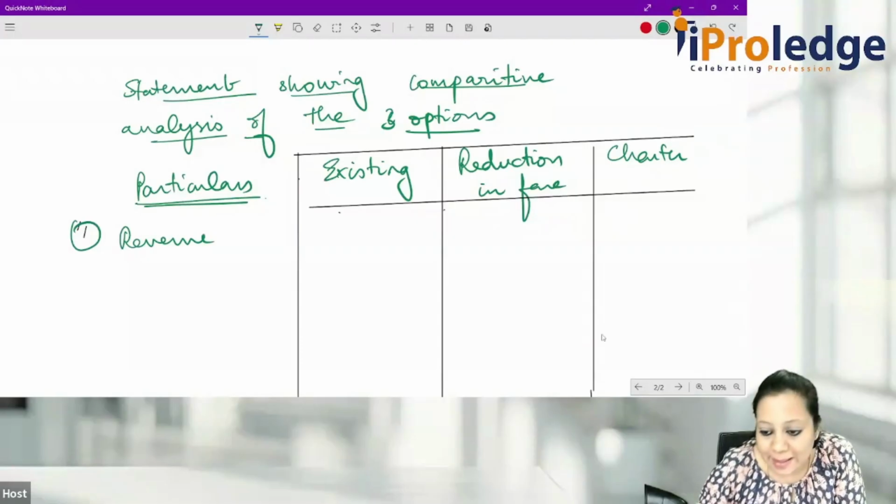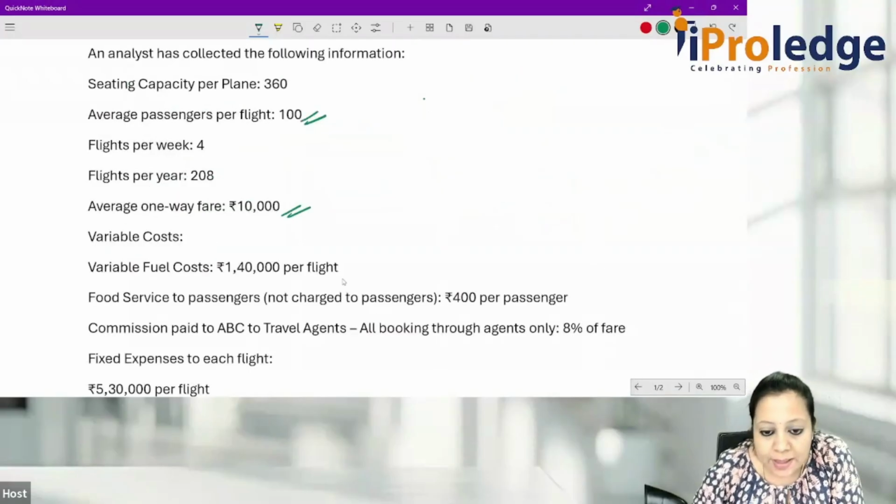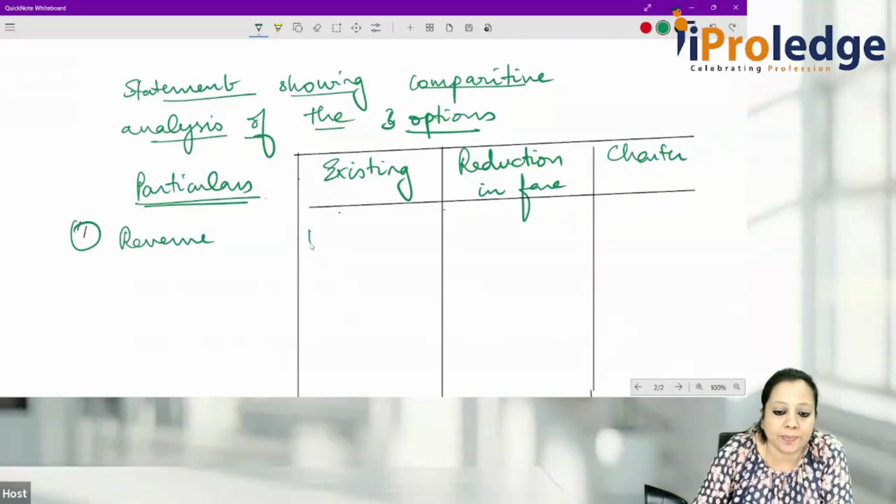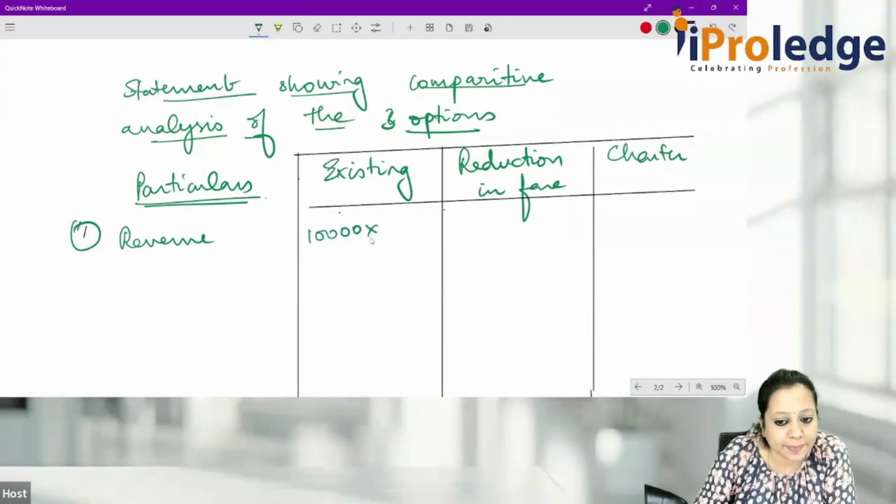Now we will go to the next step. It is 10,000 into 100. One-way fare is 10,000. Average passengers per flight is 100. So it is going to be 10 lakhs.